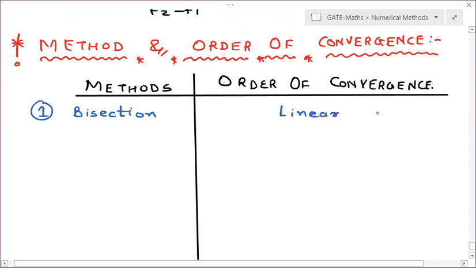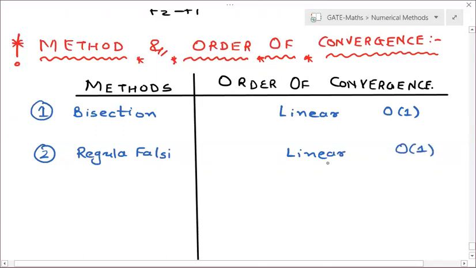Then Regula-Falsi. The Regula-Falsi method also has linear order of convergence, so its order is 1.